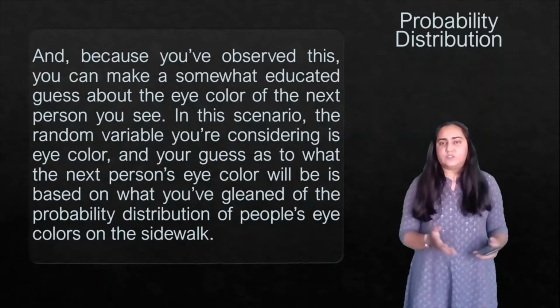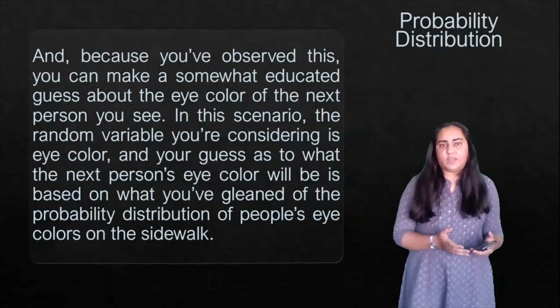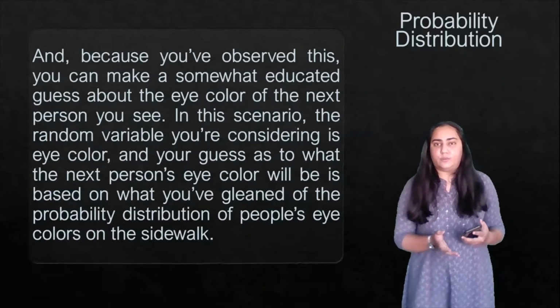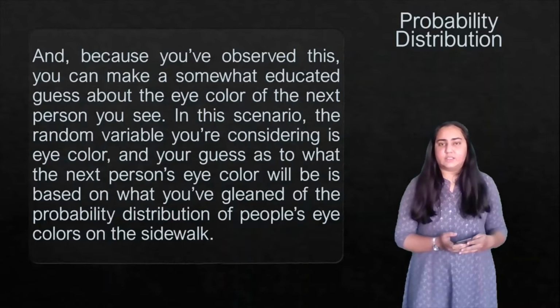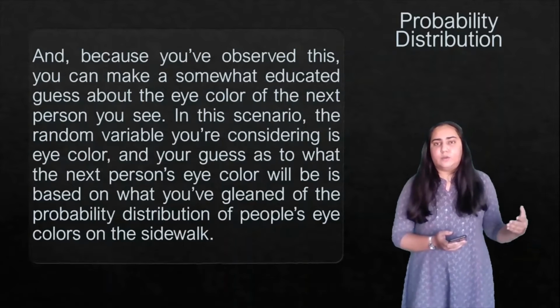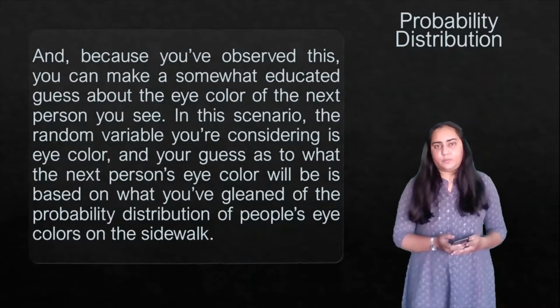Because you have seen so many people on the sidewalk having either a blue or a green eye color, you can now make an educated guess that the person who comes up next is more likely to have this particular eye color, because you've already seen some data about it.